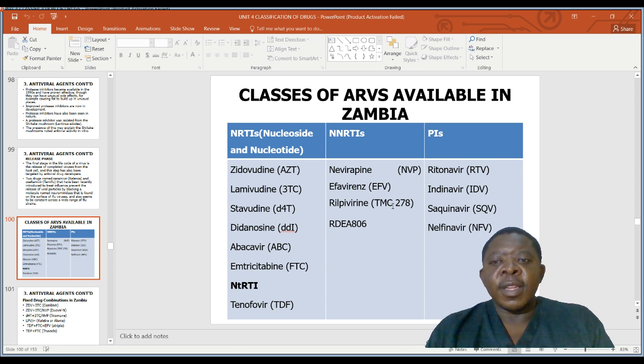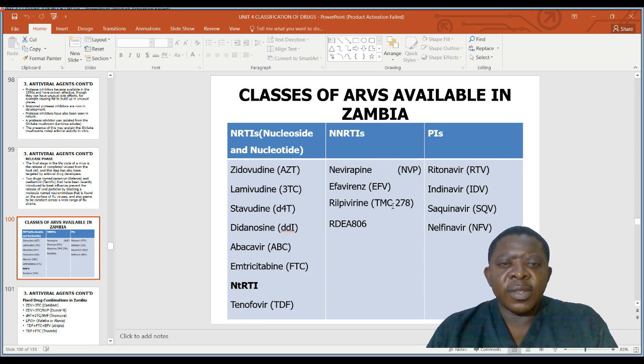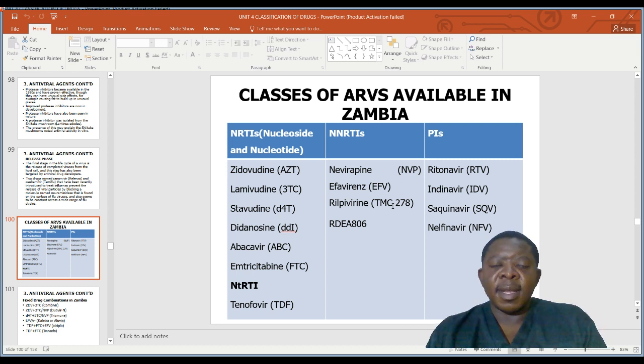When you notice, most of the drugs under NRTIs end with INE, except abacavir and tenofovir, which end differently.